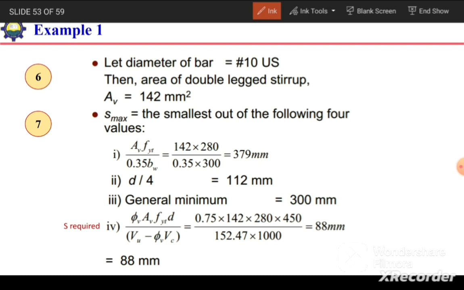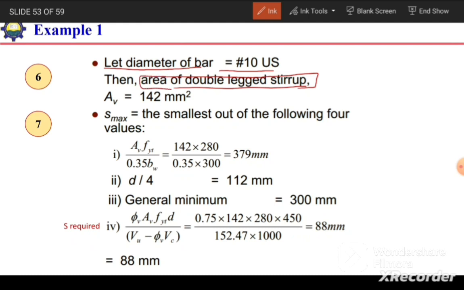Okay, so after checking the dimension of the beam, the next step is to decide about the bar diameter for the stirrup and the area of the stirrup. So let the diameter of the bar be number 10, US customary, a bar of 10 millimeter diameter. Then the area of the double leg stirrup, which is already stated in the question, use a double leg stirrup.